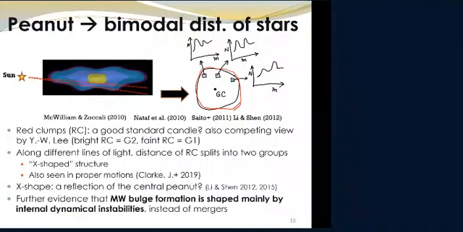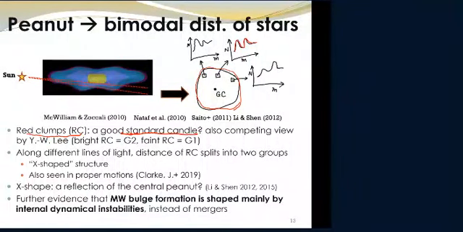Observers tend to use red clumps because they are bright, as a standard candle to measure distance. If you plot the apparent magnitude distribution, it tends to display two peaks. So this is a bimodal distribution.